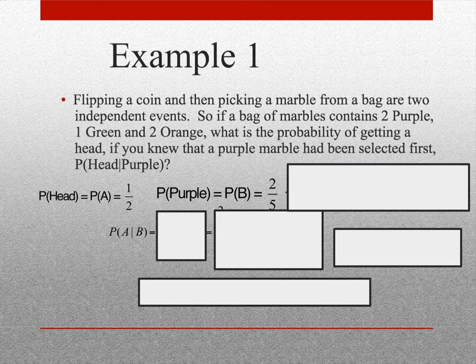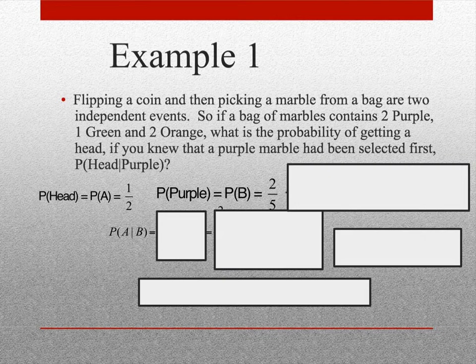So we're flipping a coin and then picking a marble from a bag, which are 2 independent events. Would you agree? Why are they independent? Well, if I flip a coin, does that change what's going on in that bag of marbles? Absolutely not.